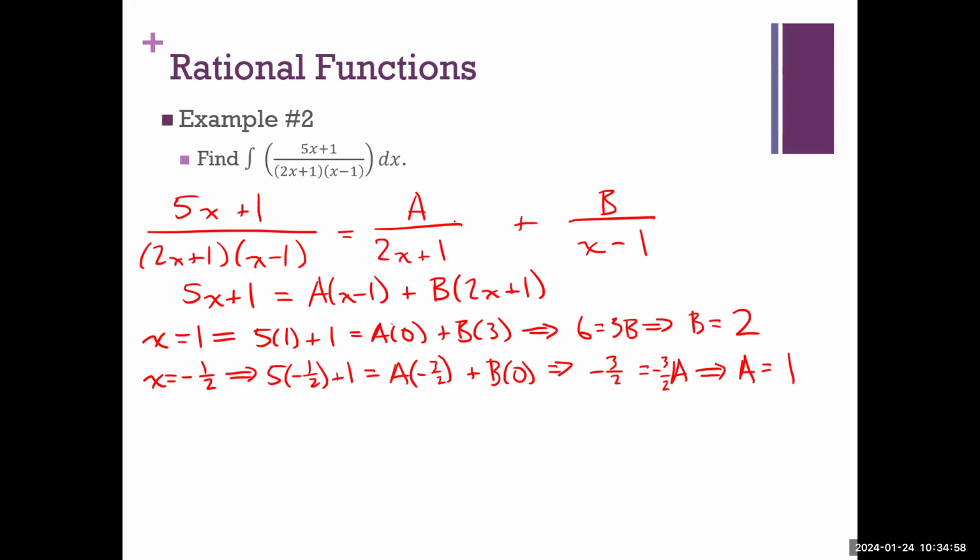So now this integral, which I probably can't do directly, I traded for these two: the integral of 1 over 2x plus 1 dx plus the integral of 2 over x minus 1 dx. What is the integral of 1 over 2x plus 1 dx?